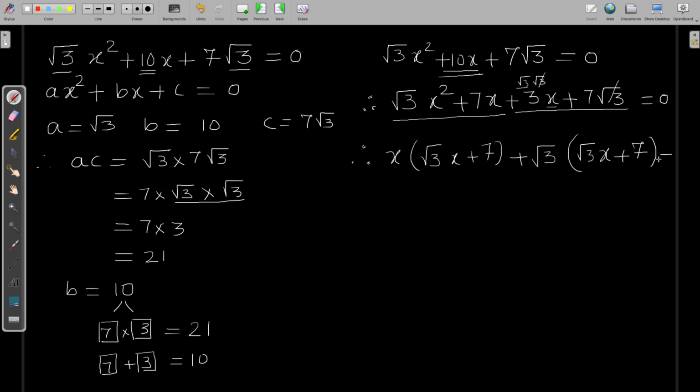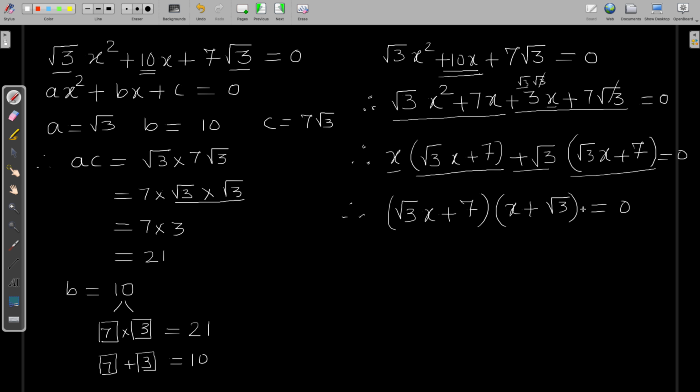And look here, root 3 x plus 7 and root 3 x plus 7 are identical brackets. Therefore I can take out this bracket as a common factor again. I can write root 3 x plus 7 into whatever is left, that is x plus root 3, as the second bracket, equal to 0.